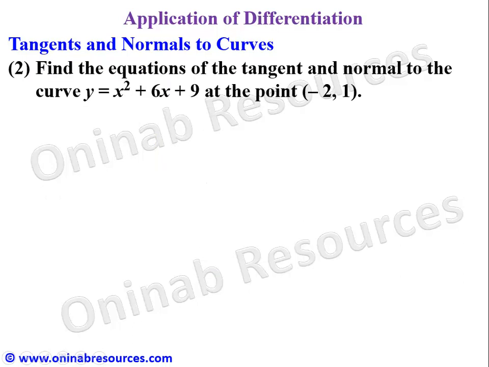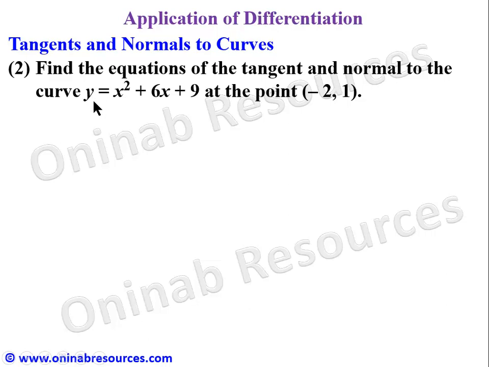We go to problem 2. For problem 2, find the equations of the tangent and normal to the curve y equals x squared plus 6x plus 9 at the point negative 2, 1. We are given one point and we need the gradient to enable us find the equations of the tangent and the normal.